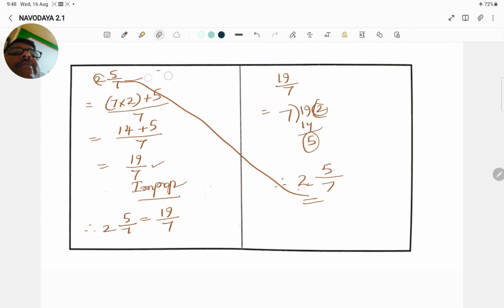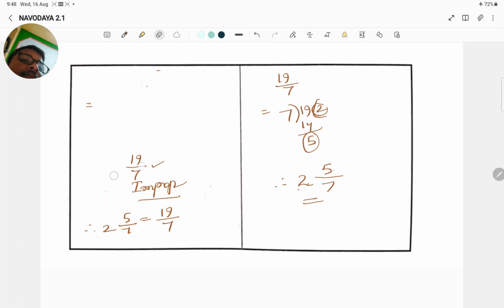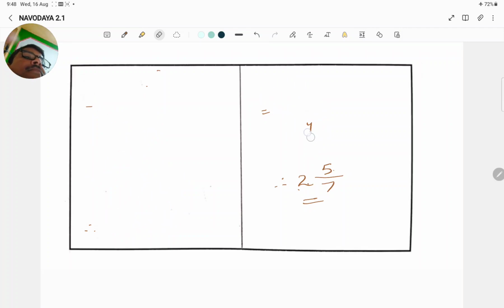We have to do one more problem. 3 1/100. Here this is the mixed fraction, 3 is the whole number part, 1/100 is the fractional part.